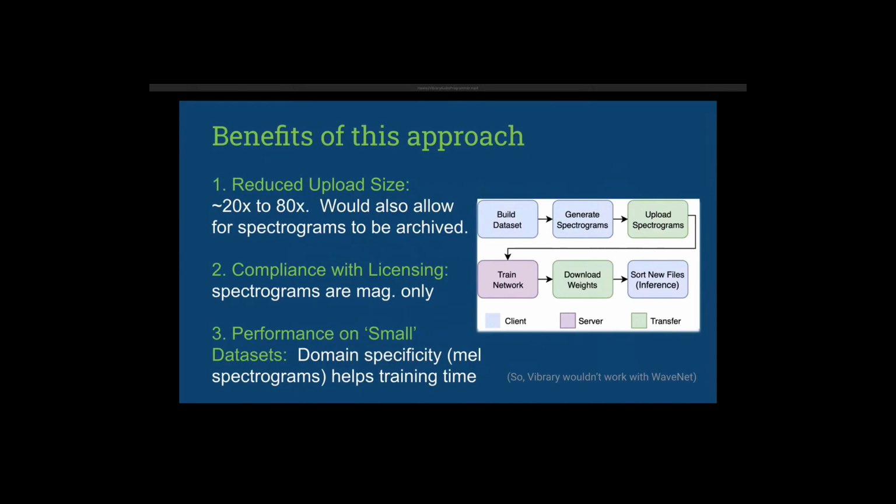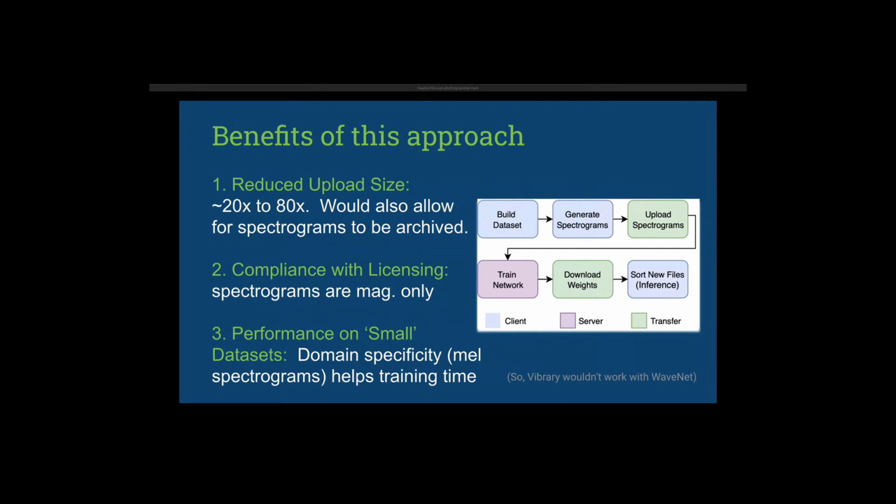Nice things about doing this, the spectrograms are a lot smaller than the audio itself. The original prototype, we were uploading raw audio, and that just takes way too long. Also, if you upload raw audio, then you could get in trouble for licensing, for redistributing, say, copyrighted material. So if you're only uploading the spectrograms, then there's a huge data reduction, and you're not going to reconstruct the full quality audio from the spectrograms.